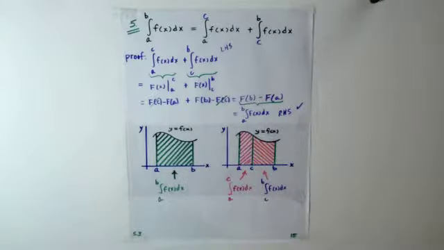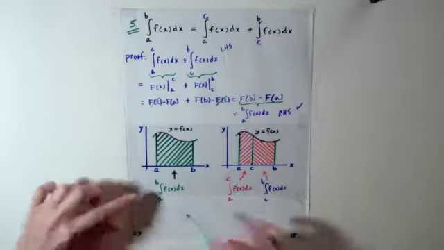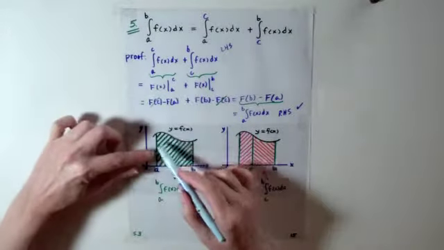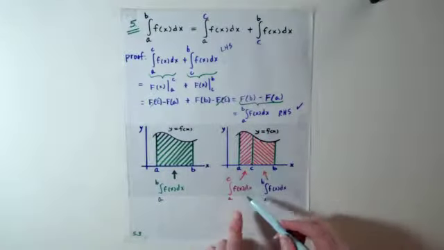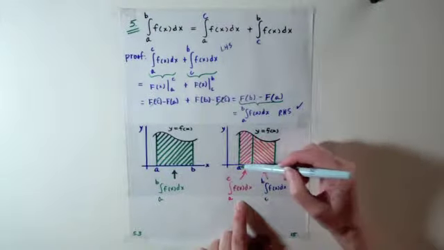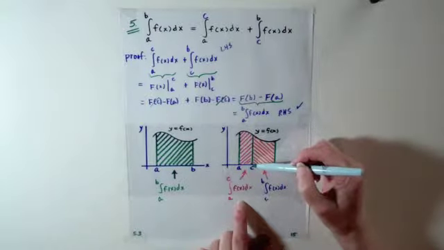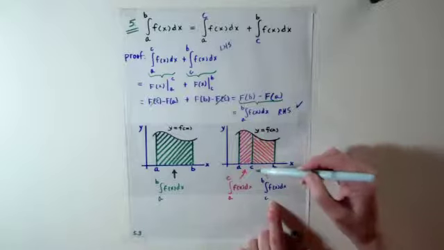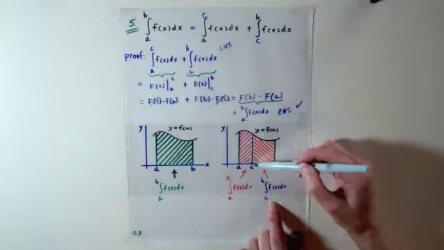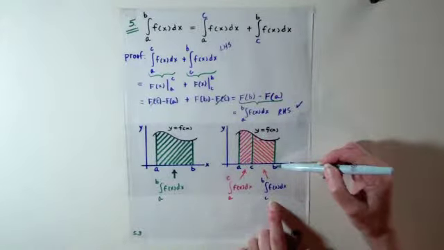So what I've written down here are definite integrals that represent all of these areas. This green definite integral represents this total area under the curve from a all the way to b. This red definite integral represents the area just from a to c under our curve, and this purple definite integral represents the area just from c up to b underneath our curve.